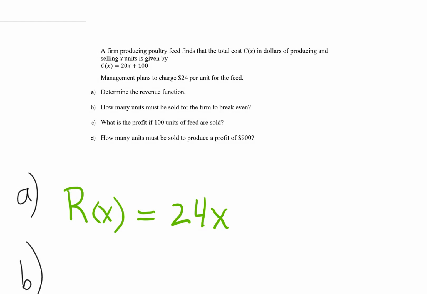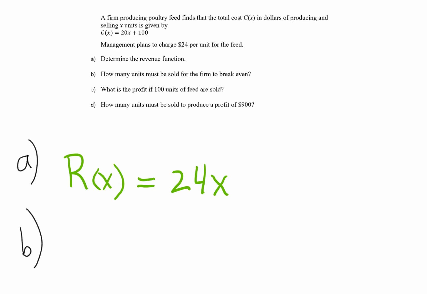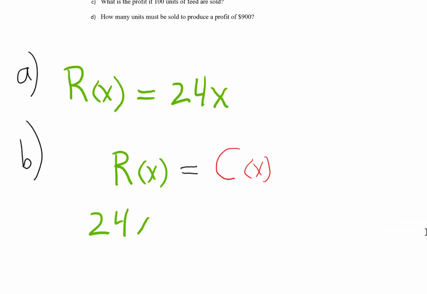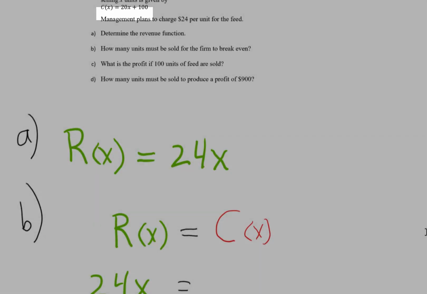Part B asks how many units must be sold for the firm to break even. We know that the break-even point occurs when revenue is equal to cost. So I'll set my revenue function equal to my cost function and solve for X. My revenue function was the 24X, and my cost function is given in the problem, 20X plus 100.